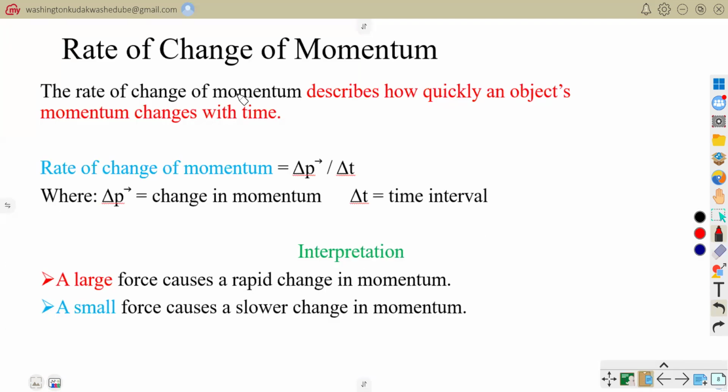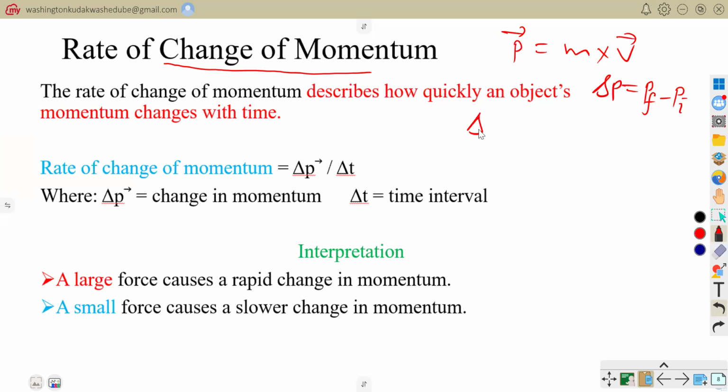So what is it that we refer to as a rate of change of momentum? Maybe before we start looking into rate of change of momentum, let's go back to what we termed change in momentum. We said momentum is the product of mass and the velocity of the object, which means that change in momentum is final momentum minus initial momentum.